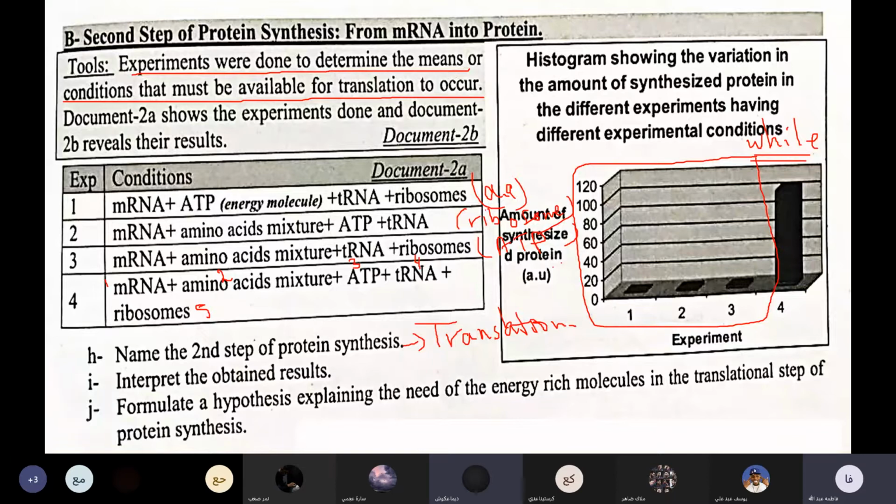Okay, but you need to mention the conditions now. mRNA, amino acids mixture, ATP, tRNA, ribosomes. The amount of protein synthesis is 100 AU. This means that there is protein synthesis.